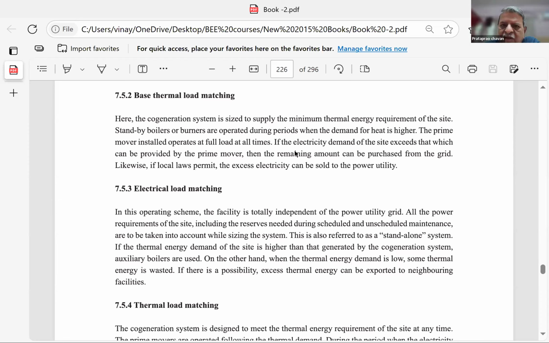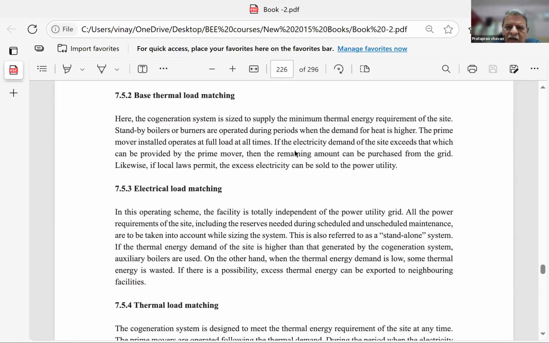So I will give him a plant which will fulfill his minimum thermal load requirement. But what about when his heat requirement increases? Then I will give him a supplementary small boiler with a small capacity, sufficient to meet the difference in the heat load.